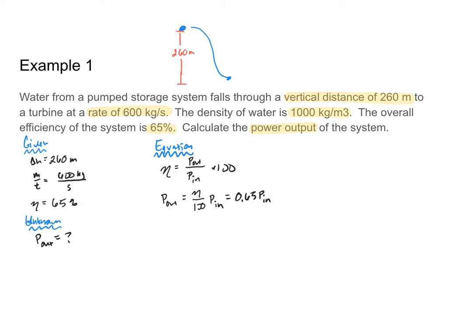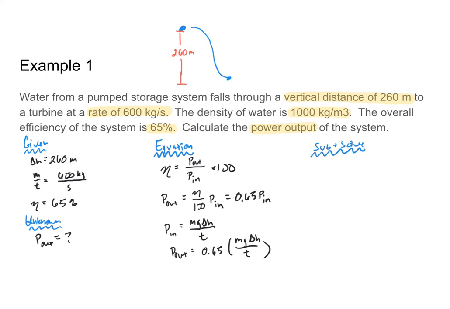That brings me to my next equation, which is that the power in is equal to mg delta H over time. So my power out is equal to 0.65 times mg delta H over t. And now I'm ready to sub and solve.